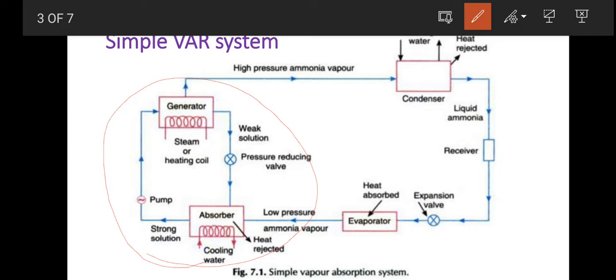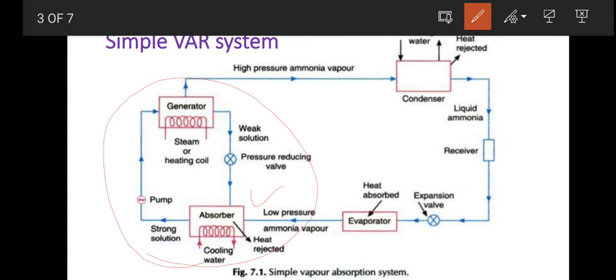So what will happen here? It starts from the evaporator. In the evaporator, heat will be absorbed by the ammonia vapor, and that low pressure ammonia vapor will be supplied to the absorber. Here in the absorber, whatever heat is carried by this low pressure ammonia vapor will be relieved by using cooling water. That means heat will be rejected in the absorber.